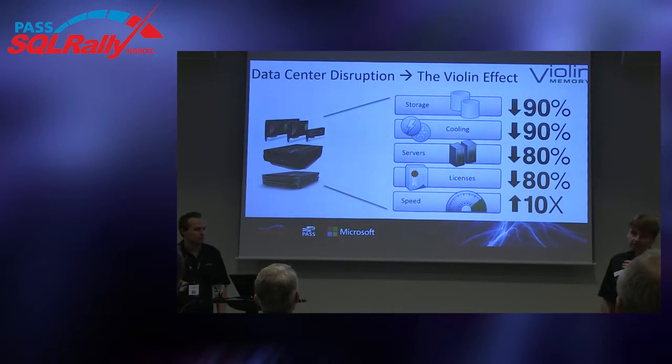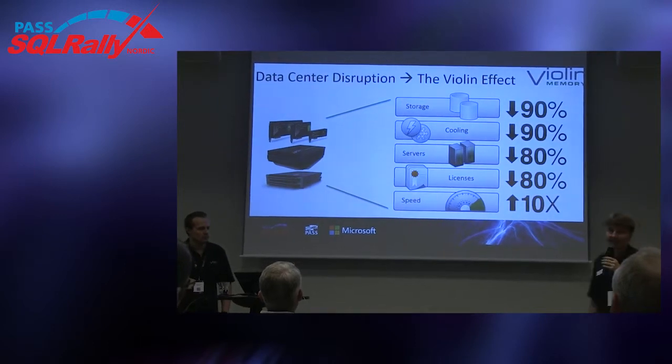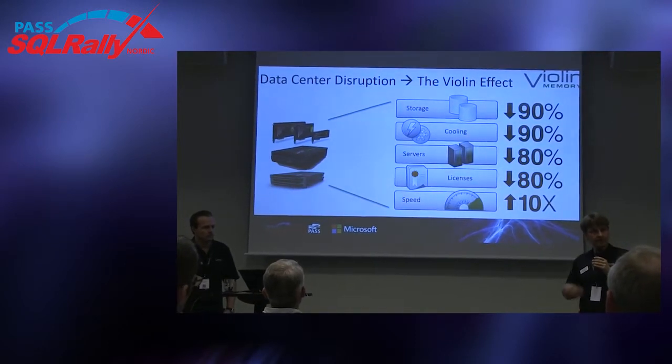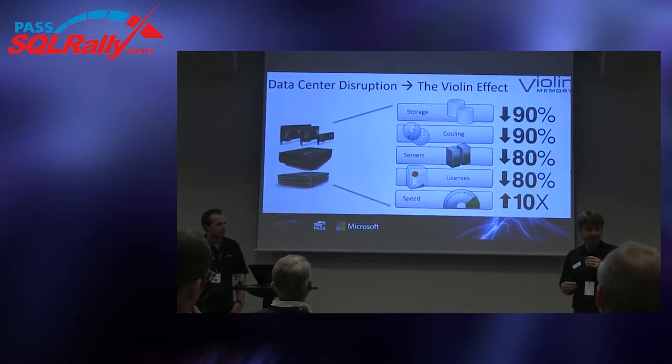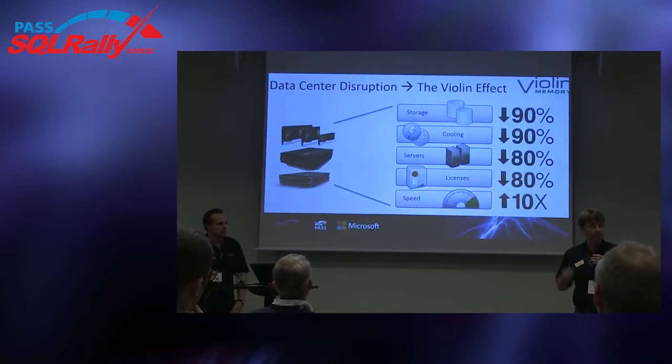That means the cooling goes down 90% because you have less equipment in your data center. Servers can reduce by 80%. That's because a CPU is waiting for storage all the time. If it's not waiting anymore, it can do more work. So you can do with fewer servers for the same job, or you can increase the load 2, 3, or 4 times with the same number of servers.